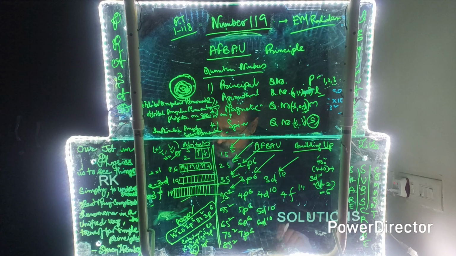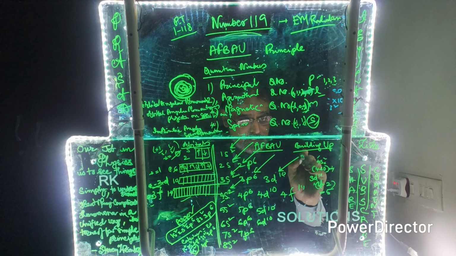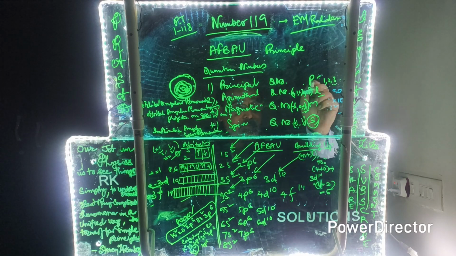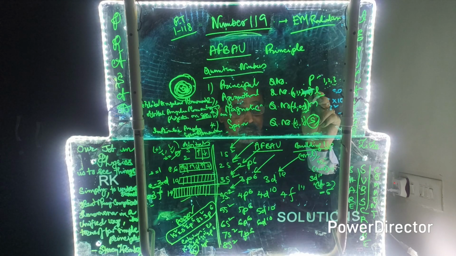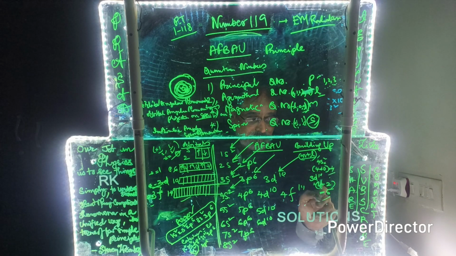Any high school student will know this. What I'm saying is the electrons will, according to their energy level given by n plus L, where n is the principal quantum number and L is the azimuthal quantum number, if you add these two, whichever is least will be filled first, and whichever is higher will be filled next.